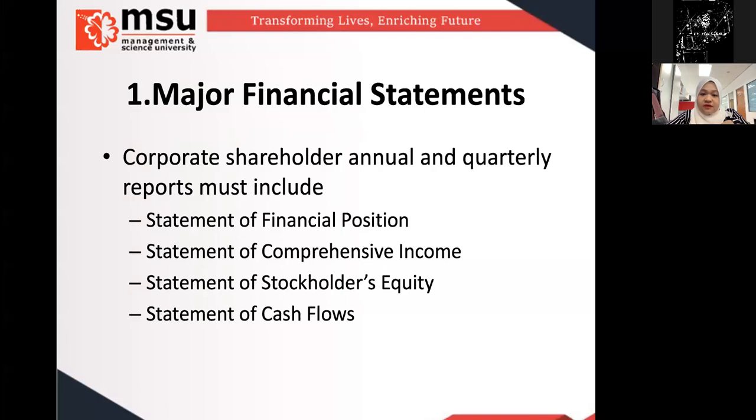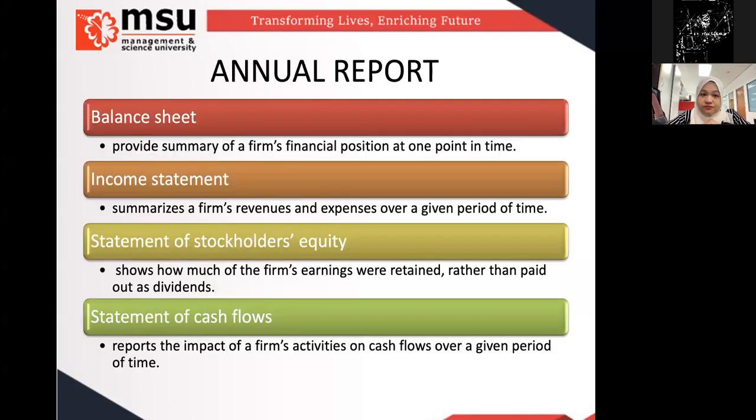The major financial statements are the statement of financial position, the statement of comprehensive income, the statement of stockholders' equity, and also the statement of cash flow. All these financial statements are available in the annual report. So if you want to know the financial statements of a company, you can just look at the annual report of the company.